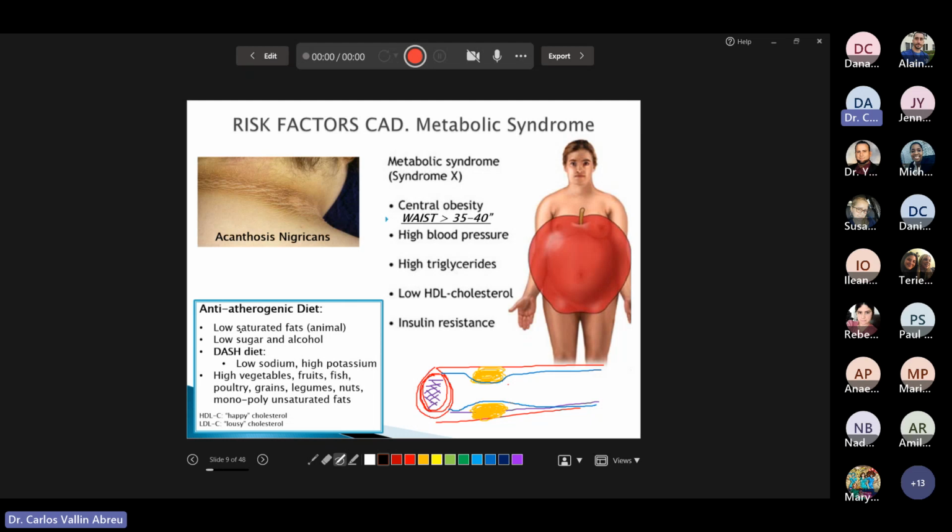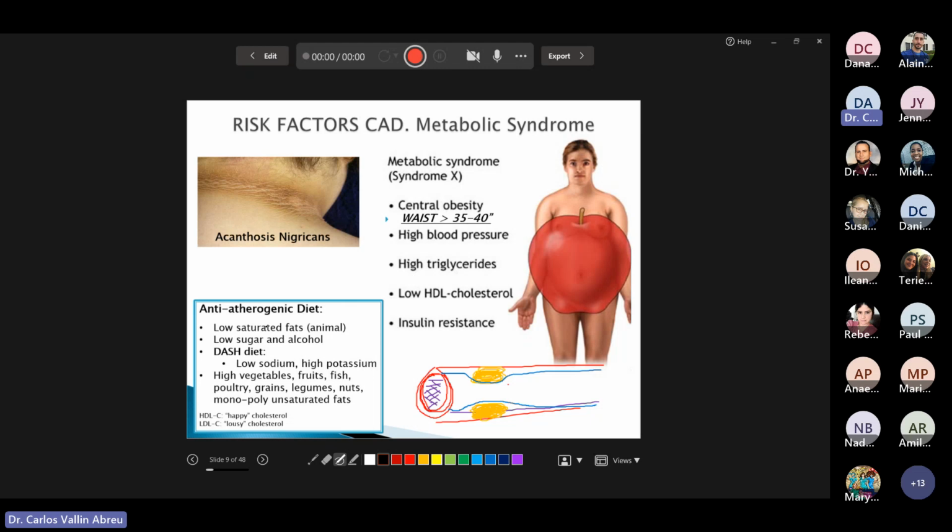Those are diets that should avoid the fats of animal origin. The main sources of fat of animal origin are the red meats, so the beef, and the fat of the dairy, the milk and dairy. So all the animal fats.